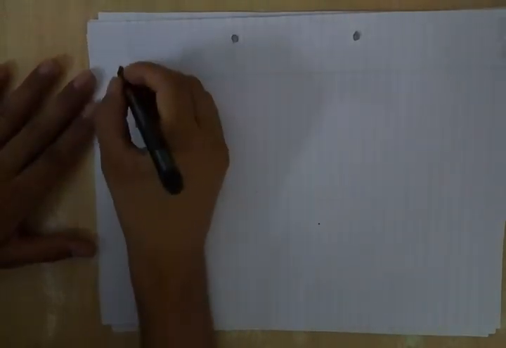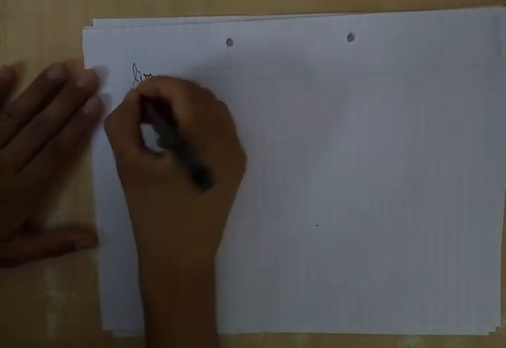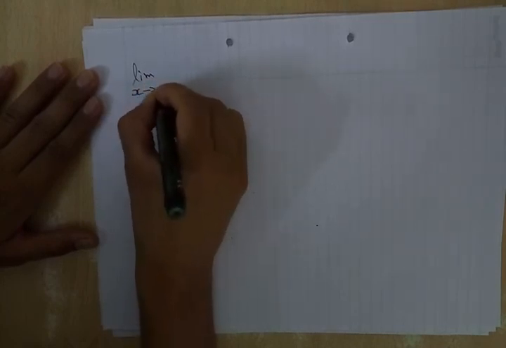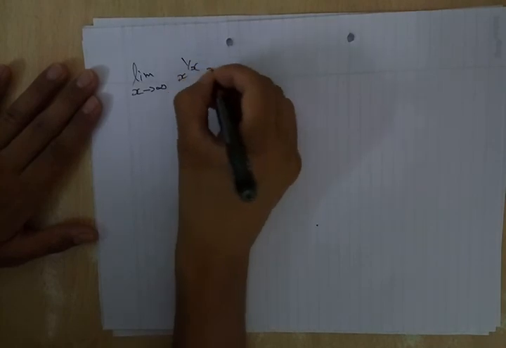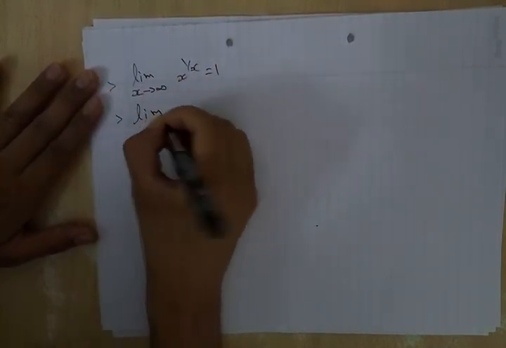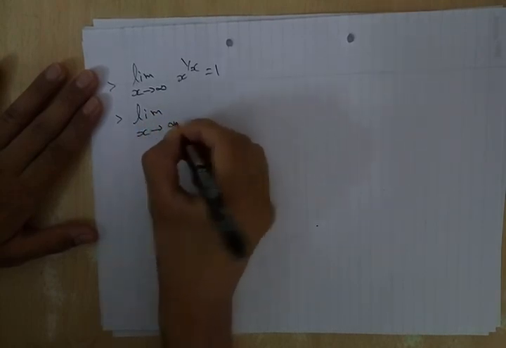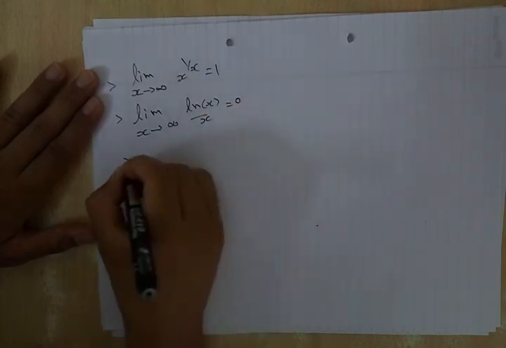Now I will write the remaining formulas. And we will just remember these formulas without any proof. We will directly apply these formulas while solving GATE examples. Is equal to 1. Limit x tends to infinity, natural log of x upon x is equal to 0.